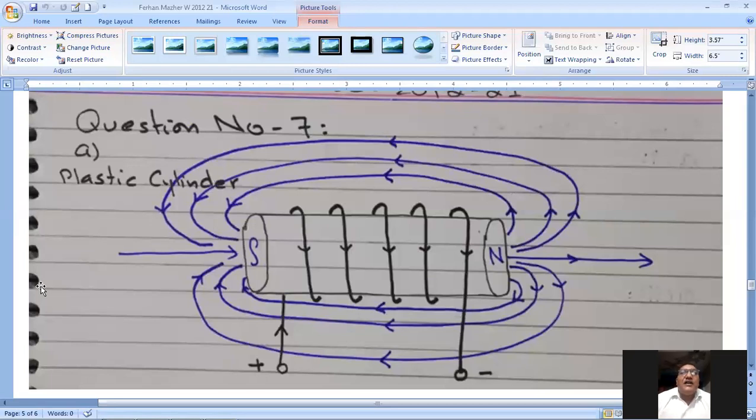We have a right hand rule for the solenoid. What you will do is take your right hand. Remember my words, take your right hand and hold the solenoid in such a way that your fingers are in the direction of the current.